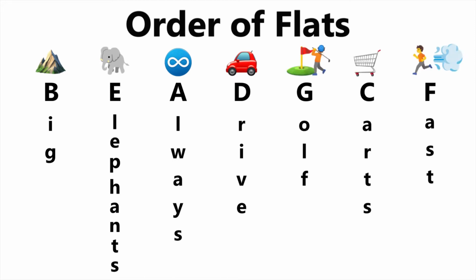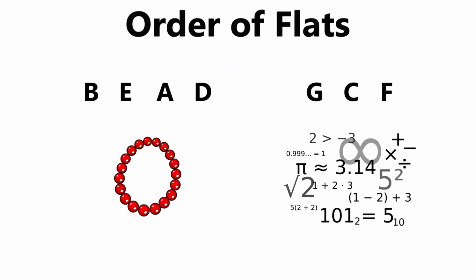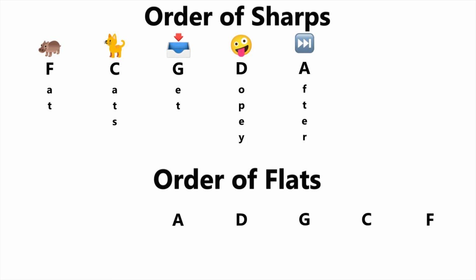Or you can just remember them together to make the word bead followed by GCF, like greatest common factor if you're a math person. And if these don't work for you, these are actually just the complete opposite order of sharps. Sharps are fat cats get dopey after eating bologna. Flats are B, E, A, D, G, C, and F.